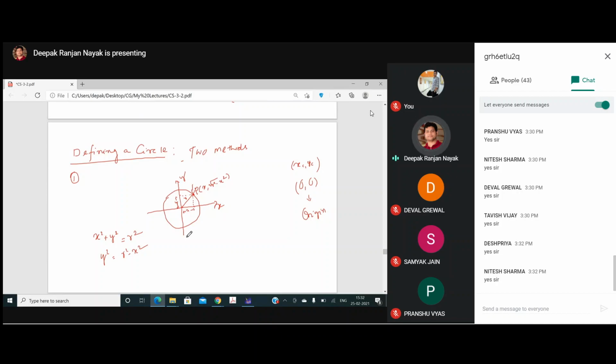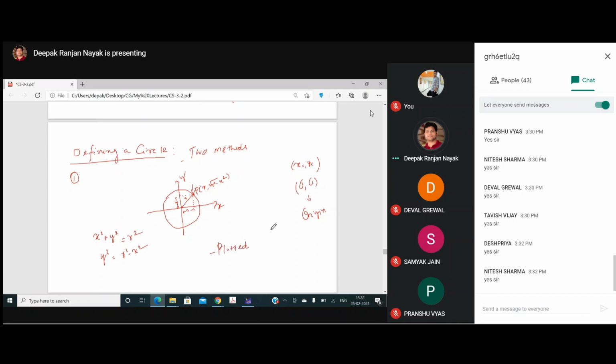The problem is it involves a considerable amount of computation at every step. Also, if you plot the pixels, you will find a problem. The pixel positions will not be uniform.